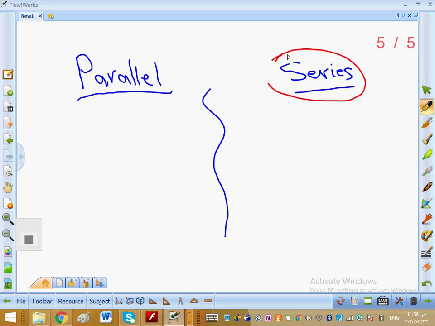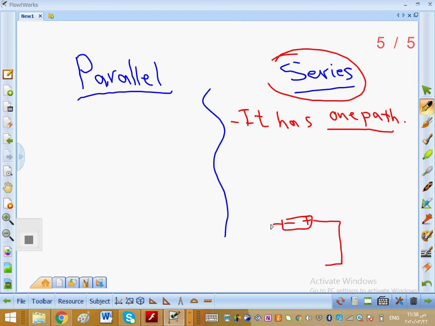Series, from its name we know they are beside each other in order, so it has one path of electric charges. For example, battery, then wires, then switch, for example, then the first light bulb, the second light bulb, for example.